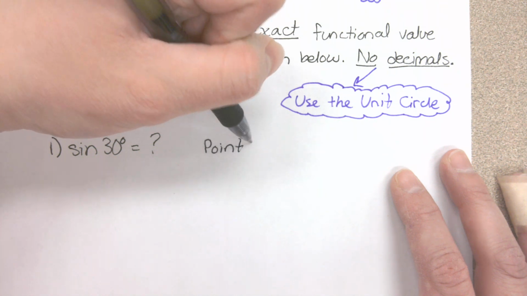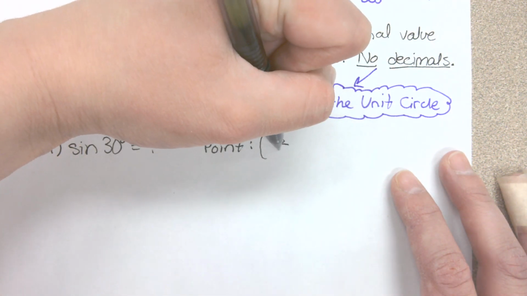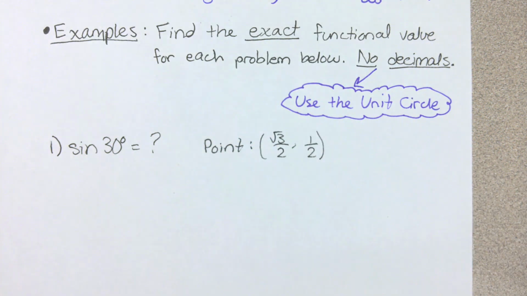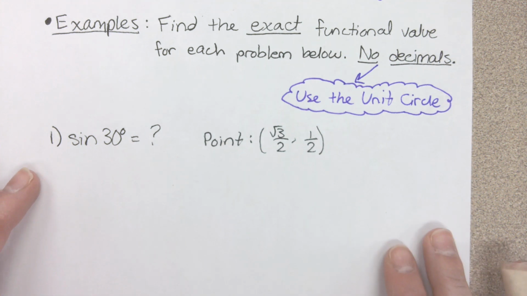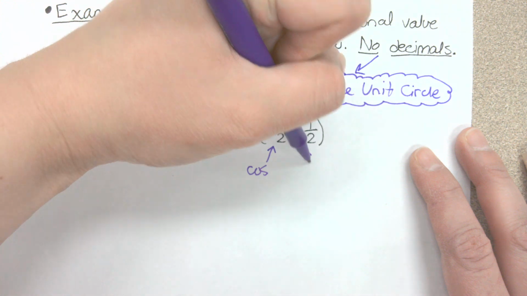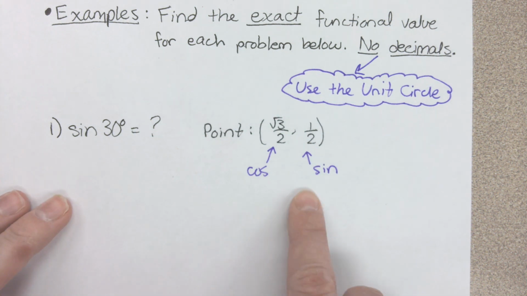At 30 degrees, the point is square root of 3 over 2, 1/2. And we just discussed the x value, that is cosine. The y value, that is sine. So, sine is 1/2.